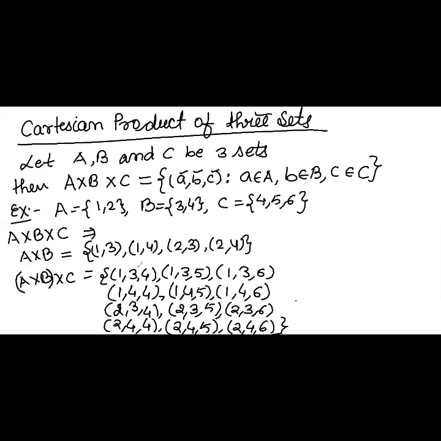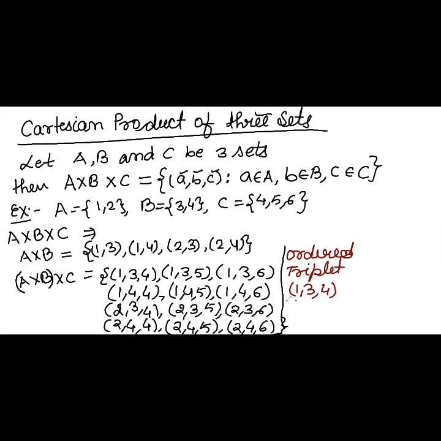So these all are called ordered triplets. One more word we are getting from here, that is ordered triplet. Ordered triplet means these all are, like (1, 3, 4), three elements in specific order, that is called ordered triplet.